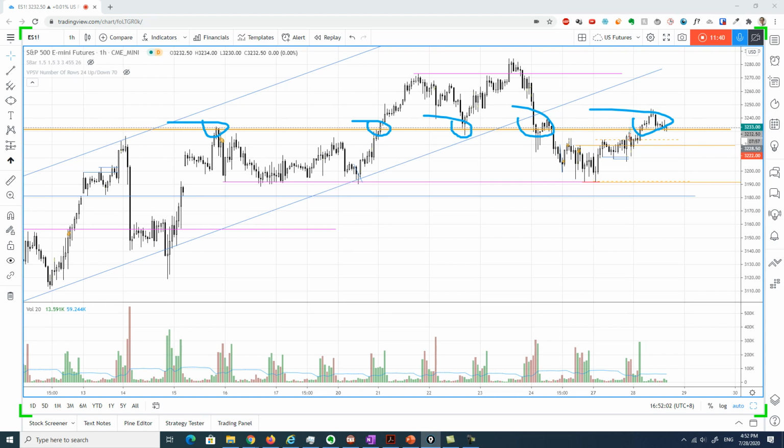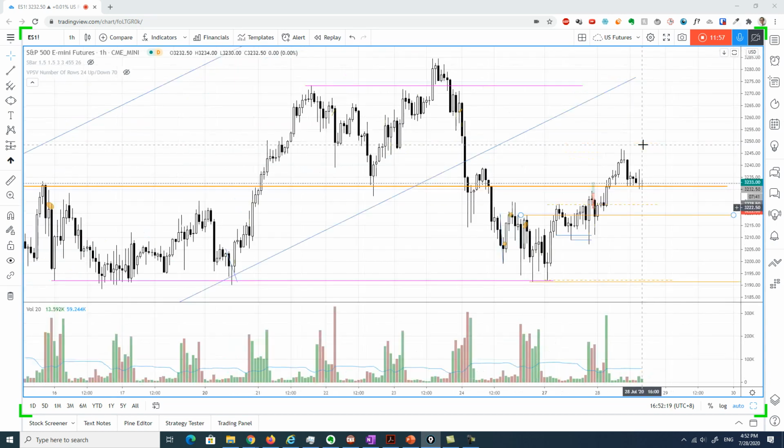So definitely this is one of the important levels to watch, the 3230 level. And what I anticipate for today is still relatively bullish, because I think we still have a higher chance for the S&P 500 to move up to test this supply zone here, about the 3260 level.